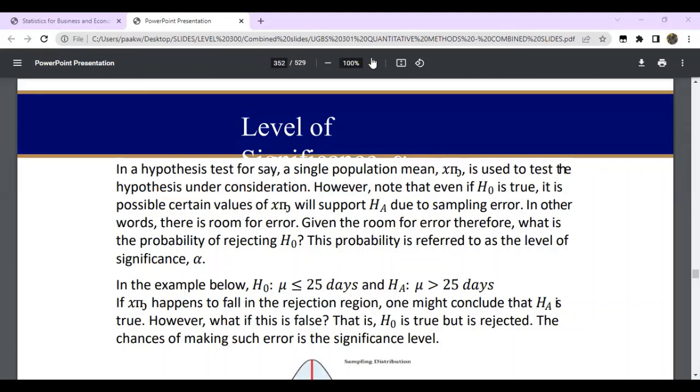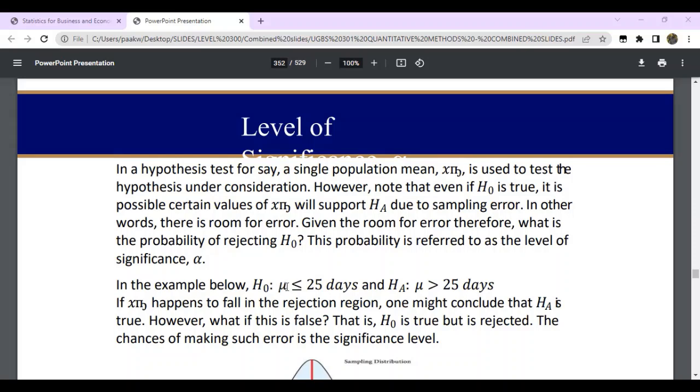In other words, there is room for error. Given the room for error, what is the probability of rejecting H0? The probability of rejecting H0 is what we term the level of significance, which is represented by alpha.